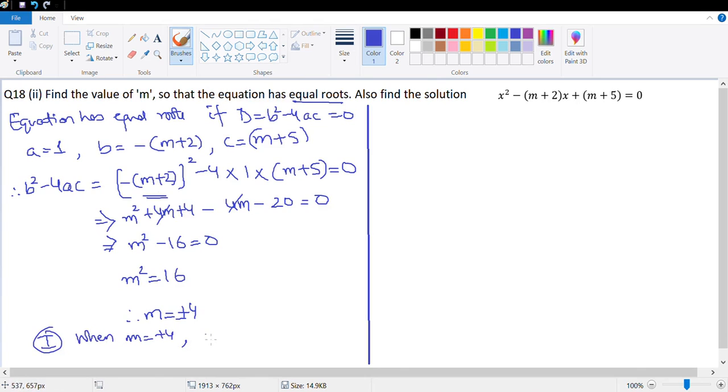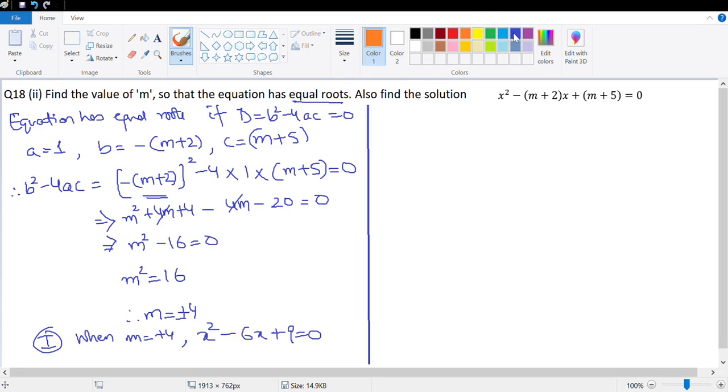The equation we have is x squared minus m plus 2, that's 4 plus 2, that's 6. So x squared minus 6x plus 4 plus 5, that's 9. So we need to find factors of x squared minus 6x plus 9. Let's see if we can split negative 6 in some way that the product of them would give us 9. 9 into 1, no. 3 into 3, yeah, in fact negative 3 into negative 3.